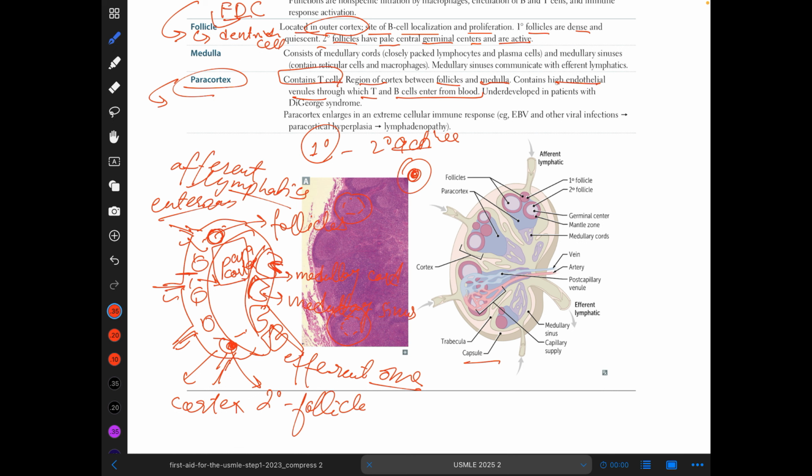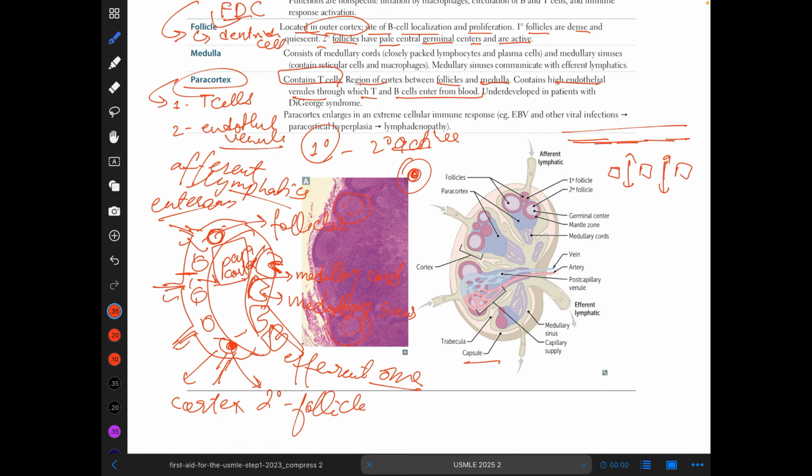What is the function of those venules? They give a path for the B cells and T cells to enter from the bloodstream. Endothelial cells are usually tightly packed in vessels, but in these venules, the endothelial cells have gaps, so B and T cells easily move between the lymph and the blood.